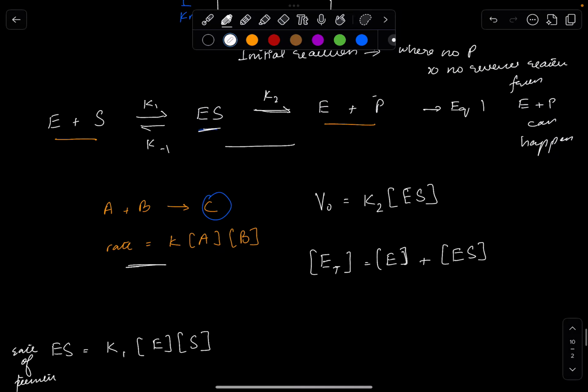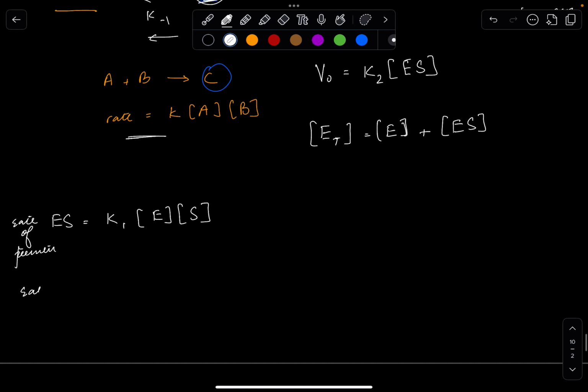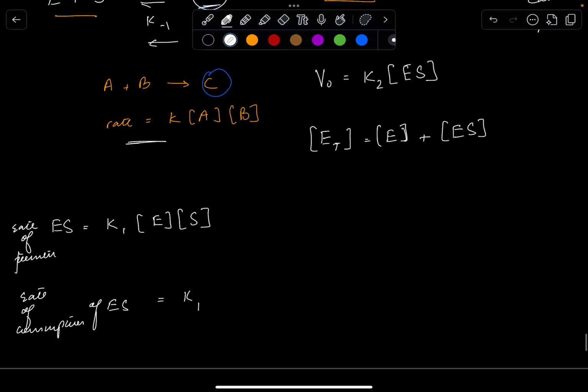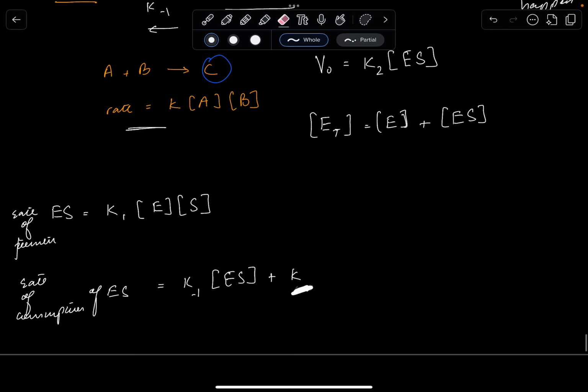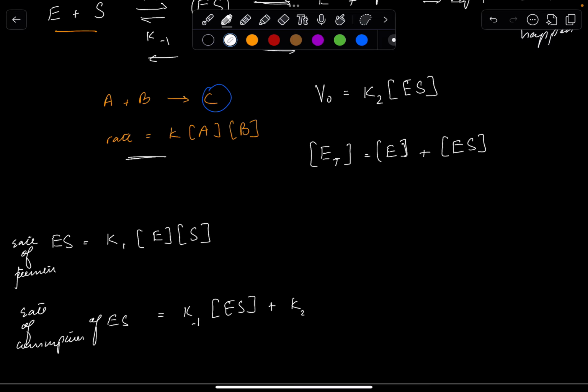Then what is the rate of consumption of ES? ES can either go this way or this way. So I can write this down as K-1 times ES, so it's just breaking down, plus K cat, K2, times ES.